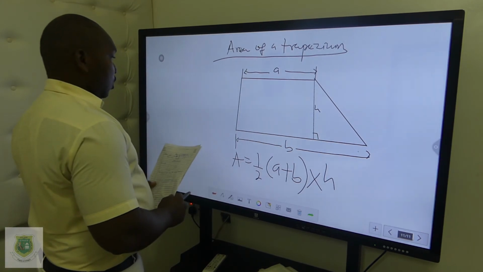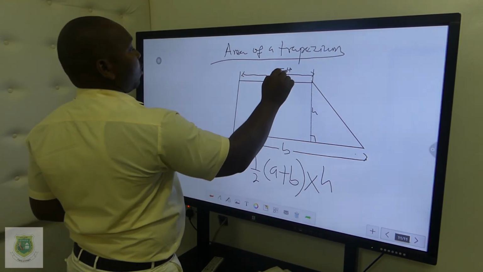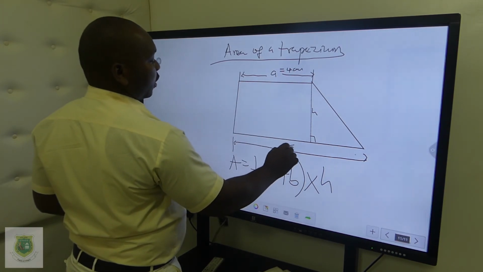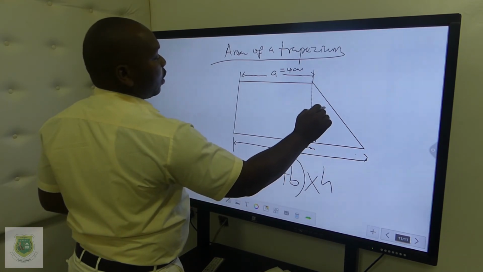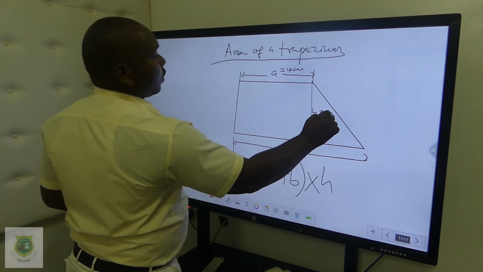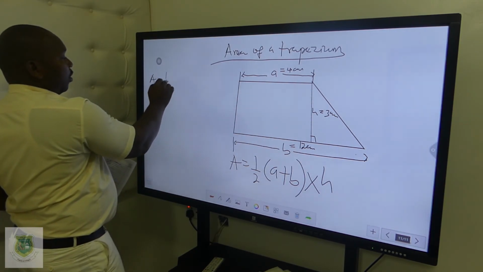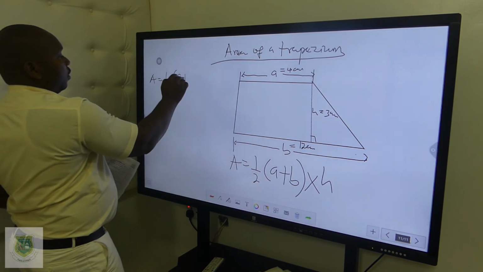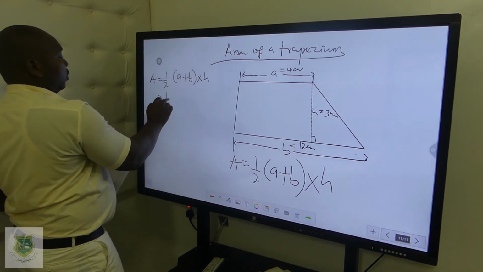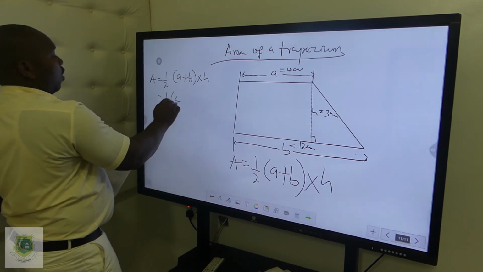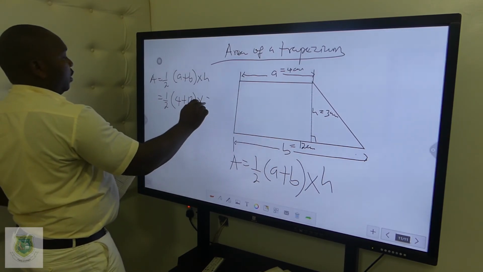For example, if this place is 4 centimeters, this place is 12 centimeters and the height is 3 centimeters, the area of the trapezium will be 1/2 times 4 plus 12 times 3.